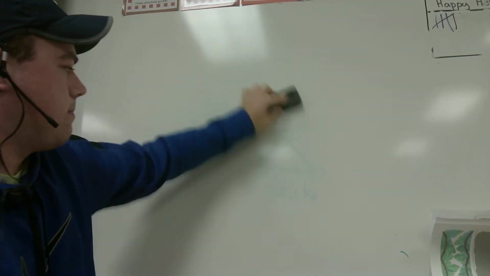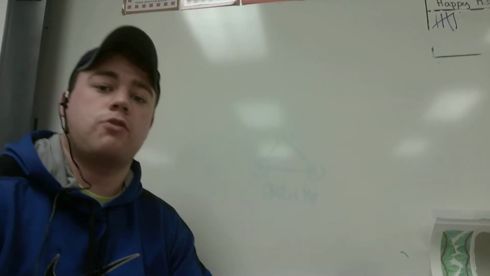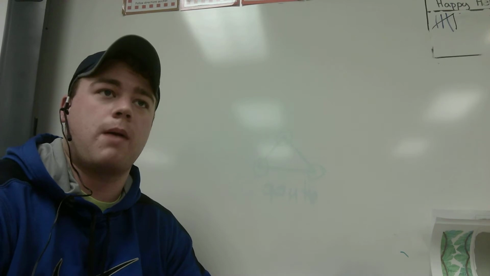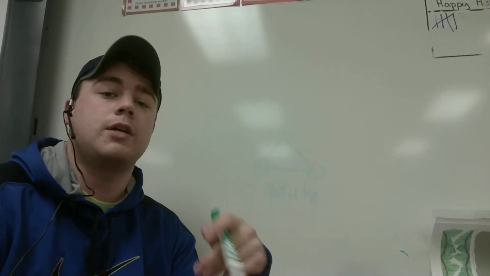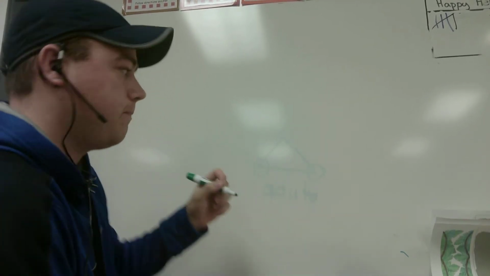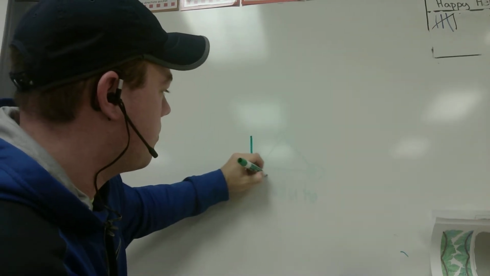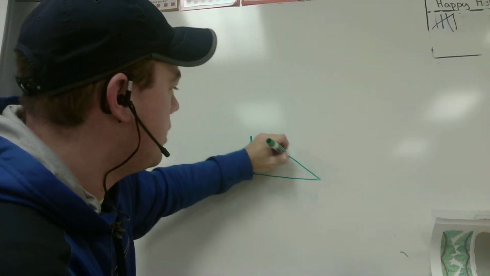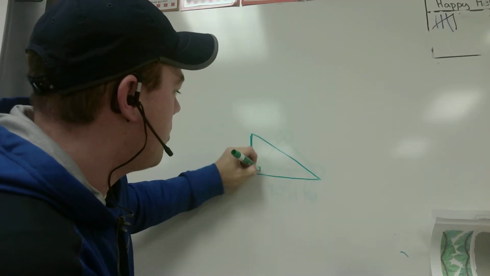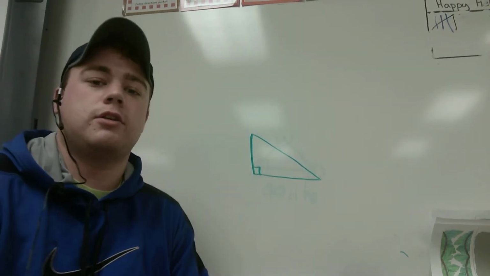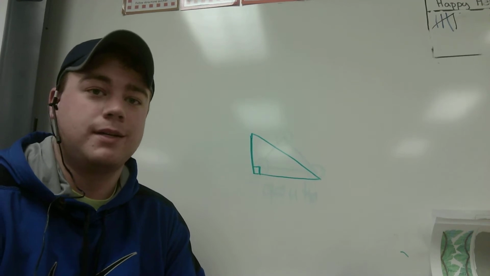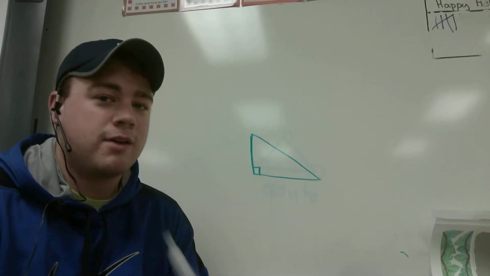Now, the second triangle that I want to talk about when you're naming triangles by angles is the right triangle. I think the right triangle is really easy to see. After looking at this triangle, I want you to think to yourself why this is the right triangle. If you're thinking because it has one right angle, then you're absolutely right.